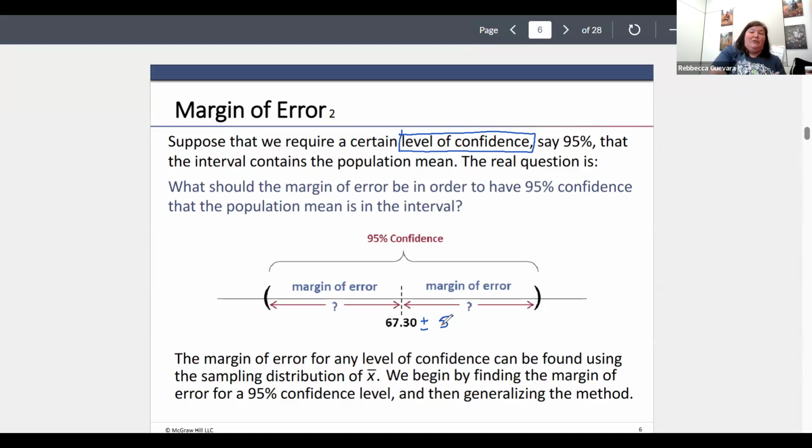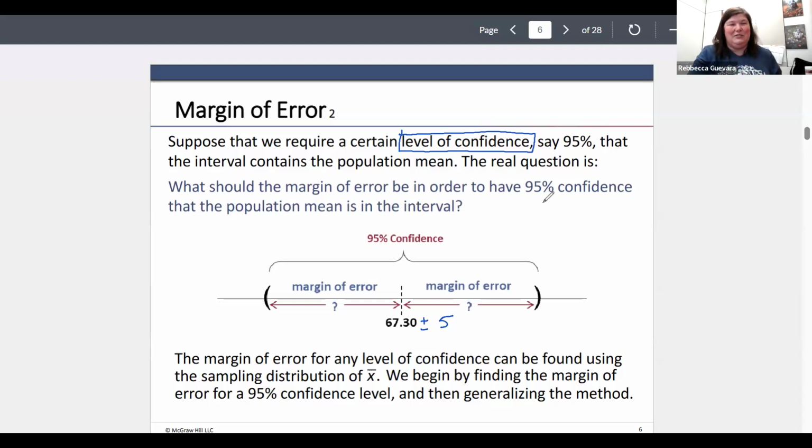So say our level of confidence is 95%. That the interval contains the population mean would be a confidence level. So the real question is, what should the margin of error be in order to have a 95% level of confidence, or an 80% level of confidence, or 100% level of confidence? We're never going to do 100 though.